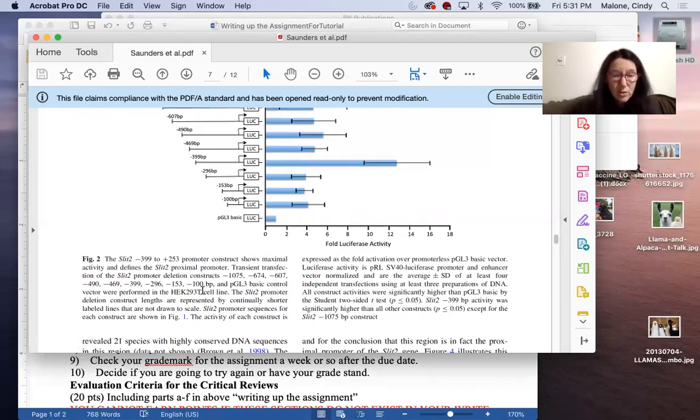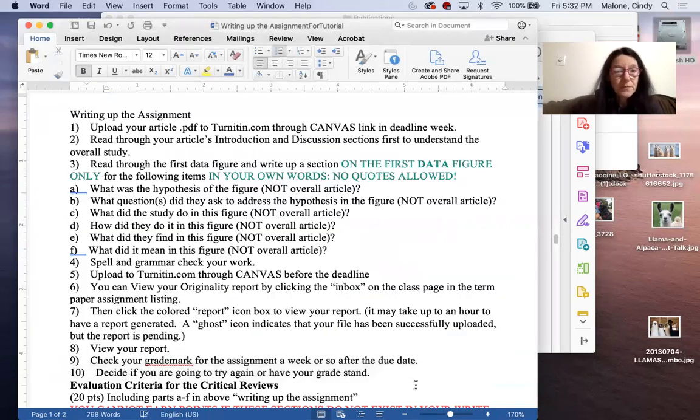What did they then do? Oh, they compared it to the PRL-SV40 promoter enhancer and then they normalized it. And if we go back and look in the materials and methods, they use dual luciferase as their readout. Okay, so all of that information should be in the legend, results, and materials and methods.